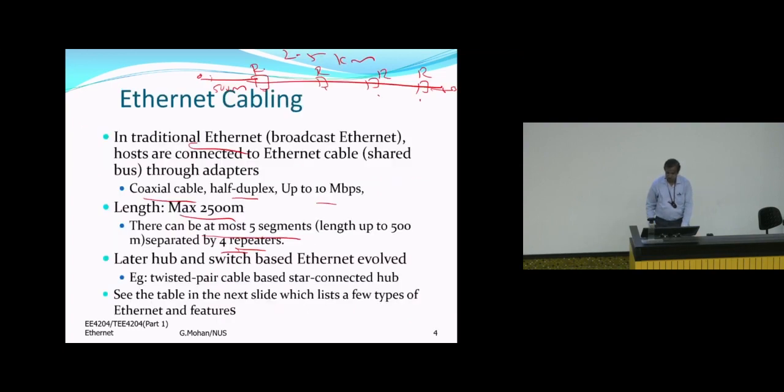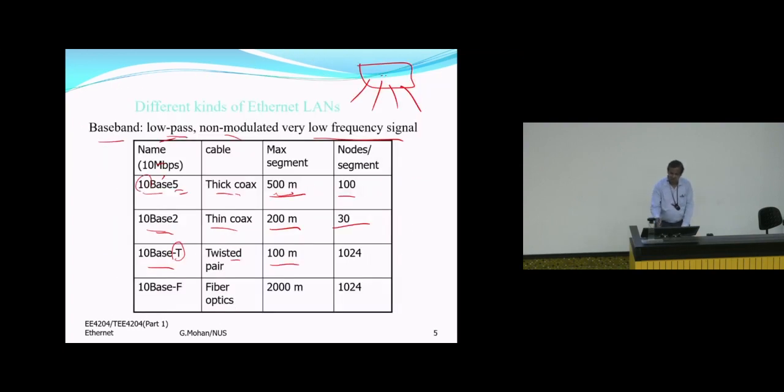But because it's star connected, with everyone connected directly to the hub, the distance between these two and these two is not much different. There could be differences, but they are more or less close. Let's say you have a hub and all systems are connected to it. The distance is more or less the same. So that's why the maximum segment is limited to just 100 meters.